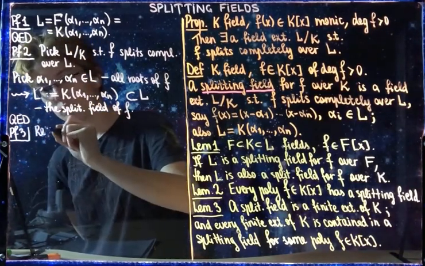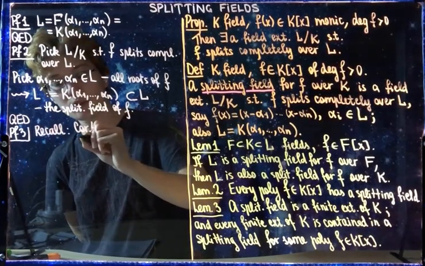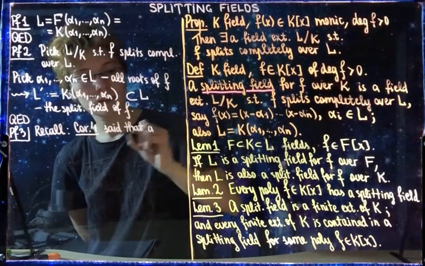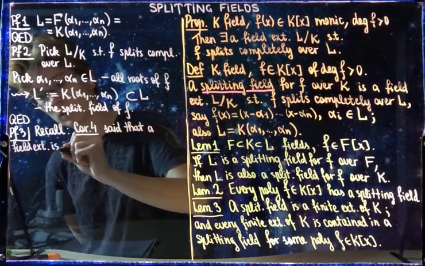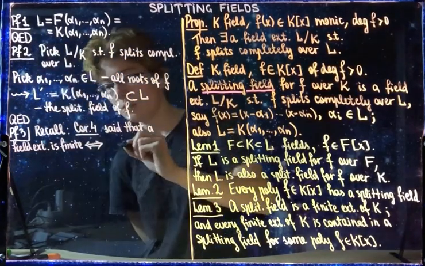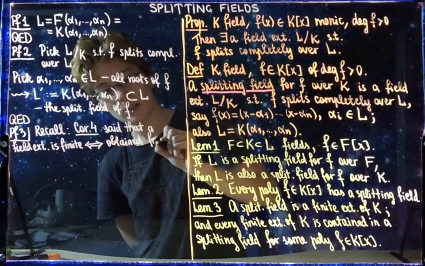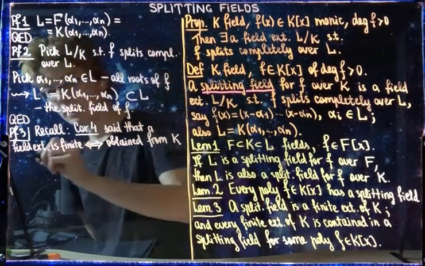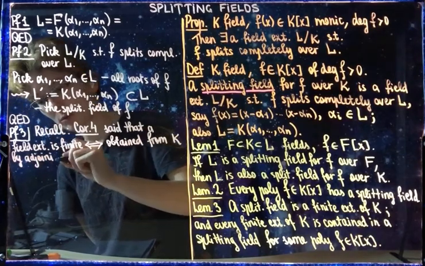We recall from the previous lecture that we had corollary number 4, which said that a field extension is finite if and only if it is obtained from the base field, in our case K, by adjoining finitely many algebraic elements.